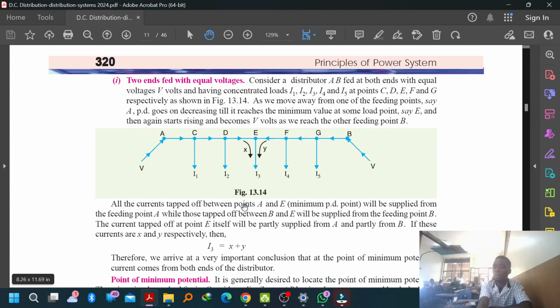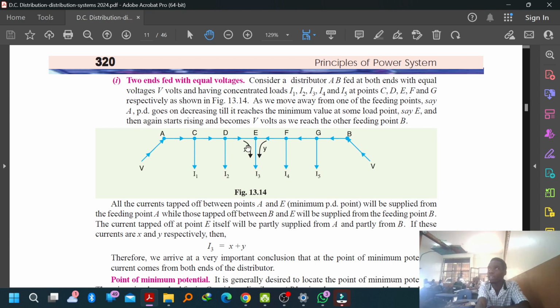Maybe another thing to explain is when we have current coming from this side, and we have also current coming from this side, there is going to reach a point whereby these currents are going to meet. And when there is that point whereby the currents are meeting, or a change in direction of the current, that point qualifies to be called the point of minimum potential.